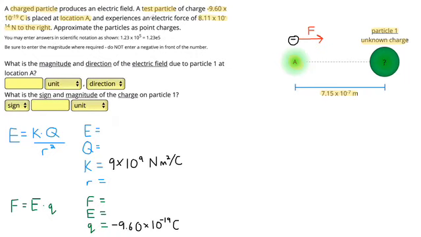Okay, and it tells us it experiences an electric force of 8.11 times 10 to the negative 14 newtons. Then over here, we're given the distance between particle 1 and location A. So that's our R, 7.15 times 10 to the negative 7 meters.